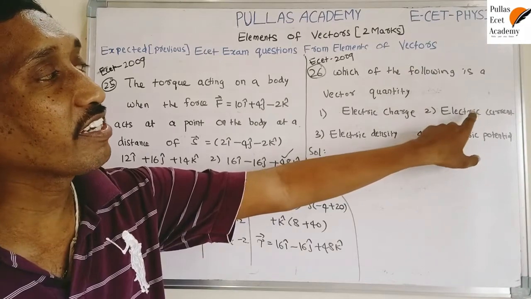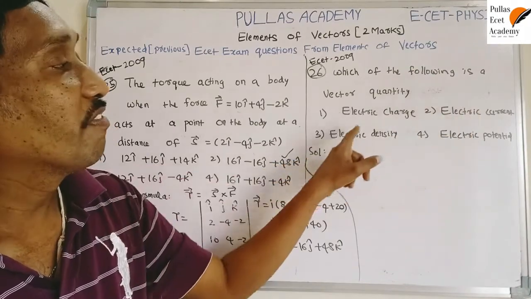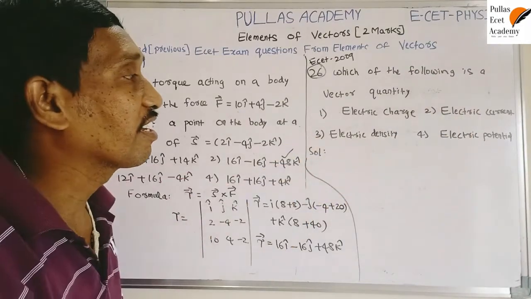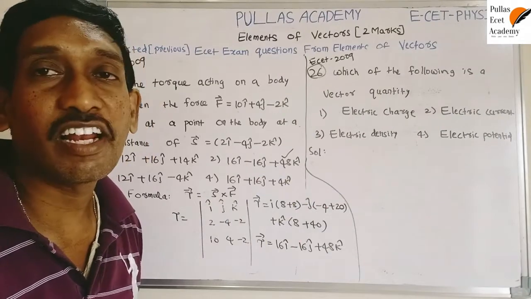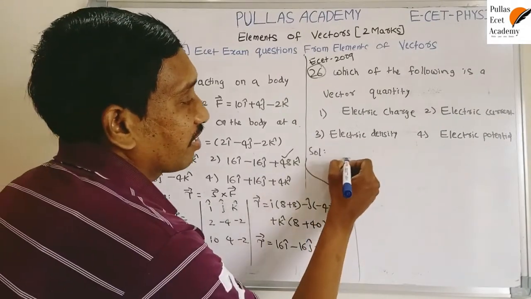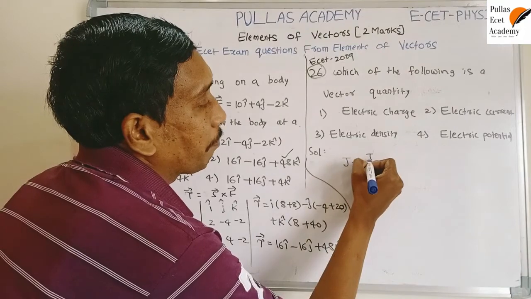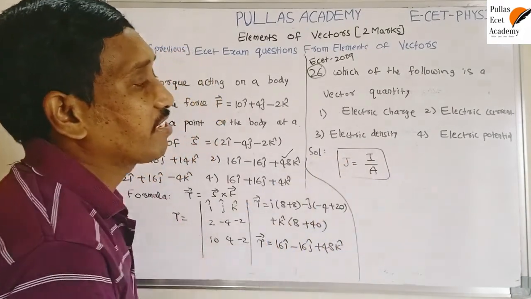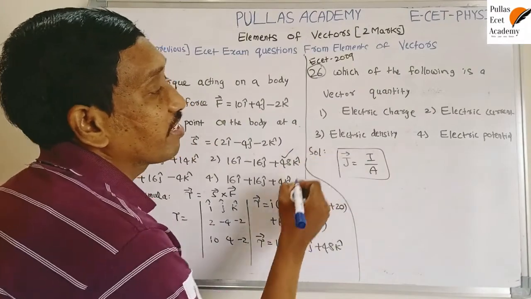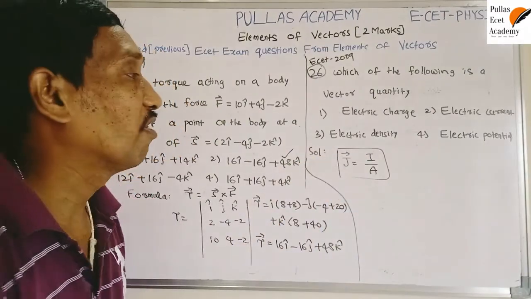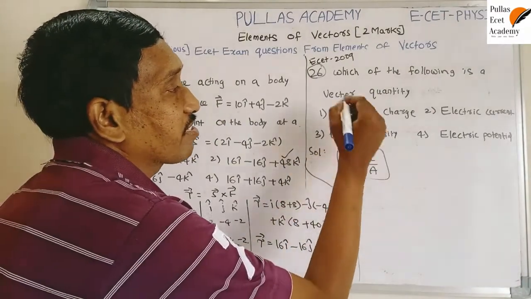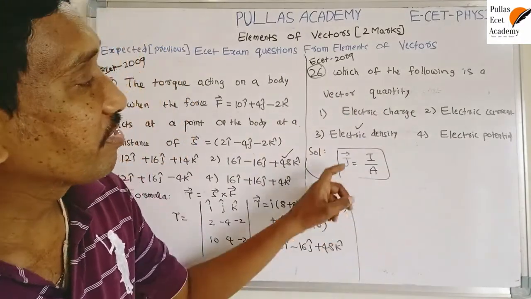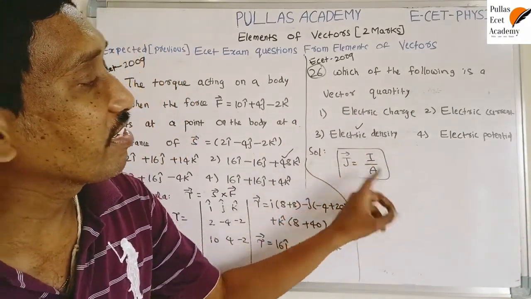That's why electric current is considered a scalar. Whereas electric current density J is equal to I by A, the current per unit area, and this current density is a vector quantity. Don't confuse here.